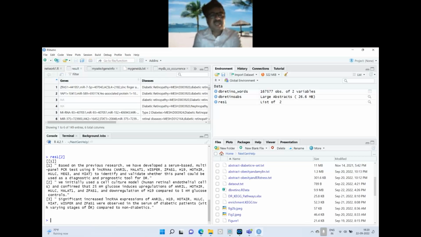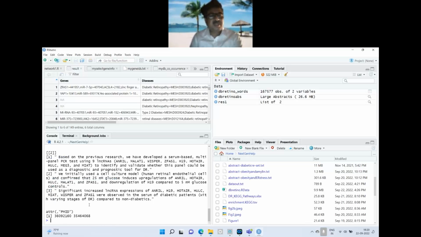They have included other LNC RNAs also. This is not the same paper. See, the PMIDs are different.